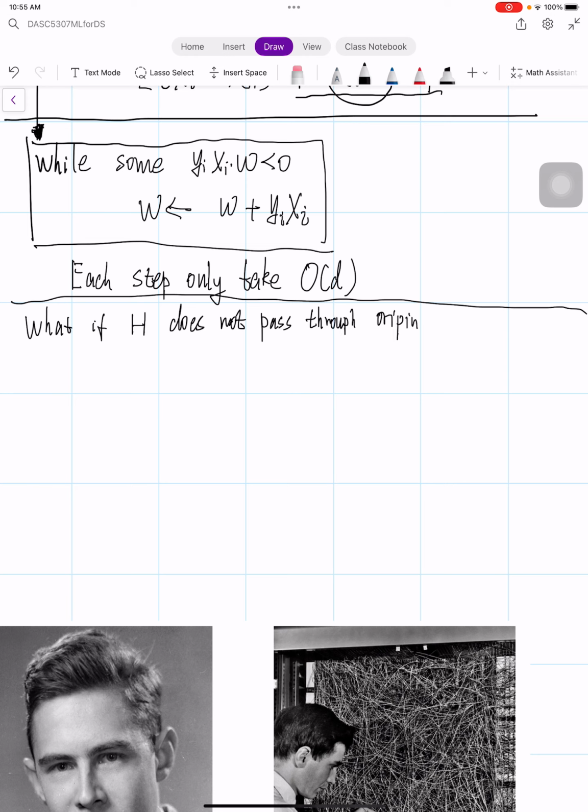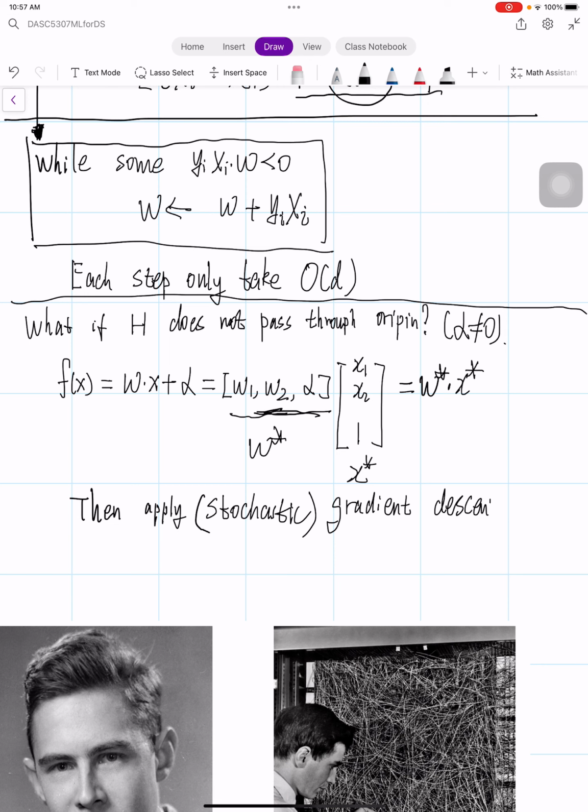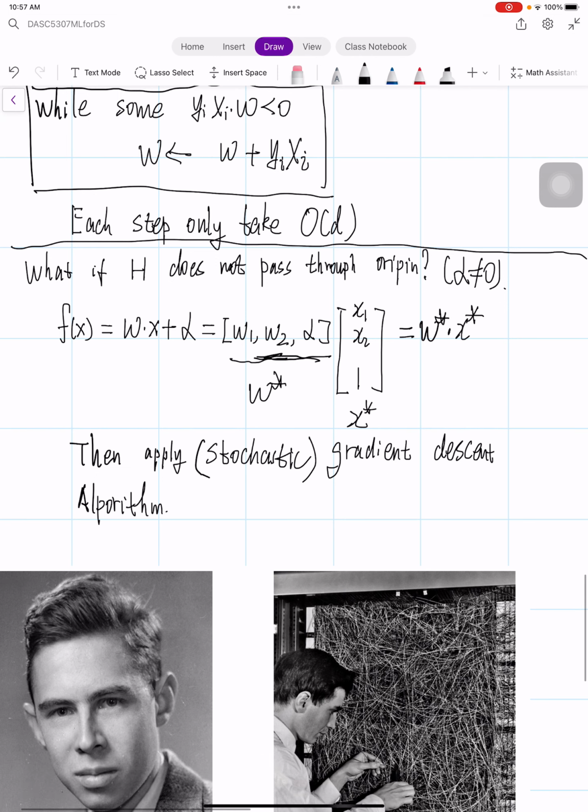So we again write this as omega star dot product with x star, and we can then apply the algorithm we developed before, the stochastic gradient descent algorithm. So that's the trick we use here.